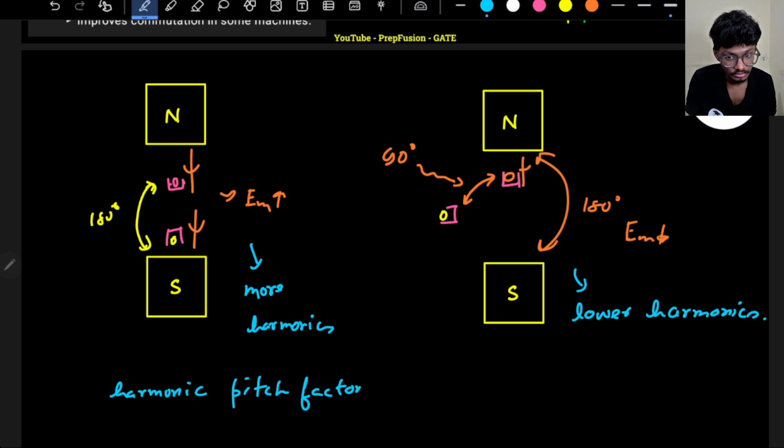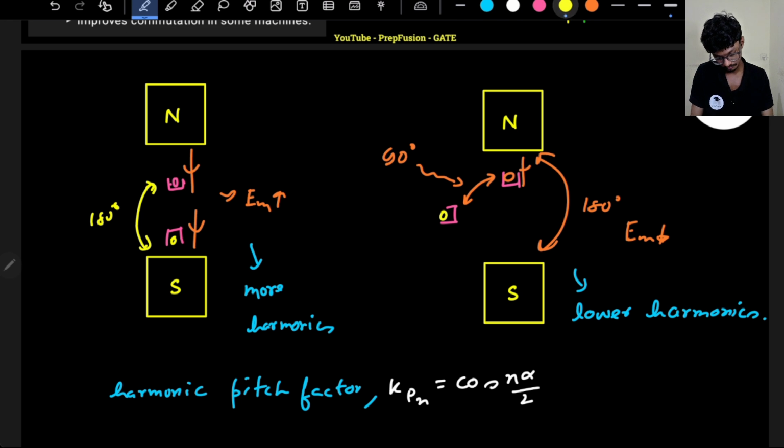What is it equal to? Kpn, this portion is important from the GATE point of view, is equal to cos of n alpha by 2.